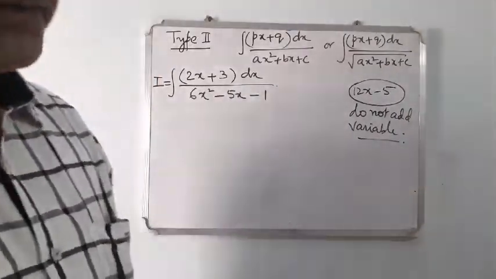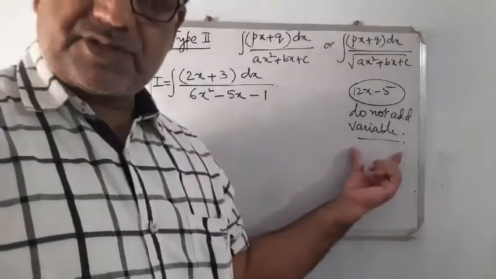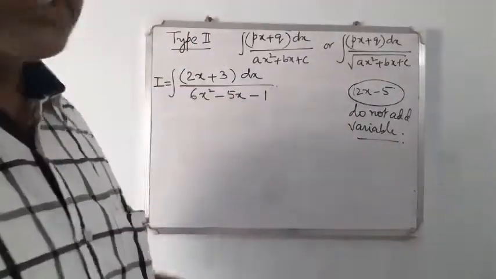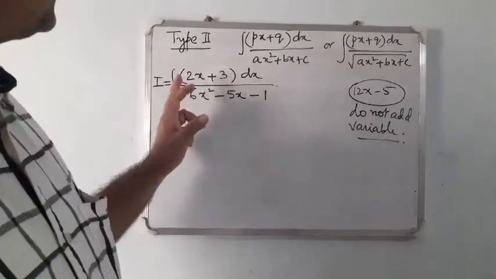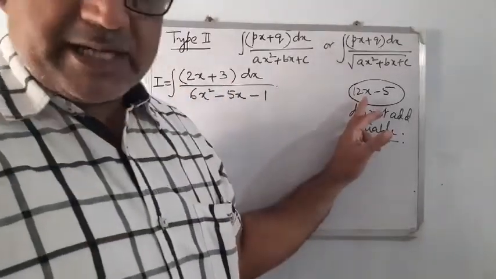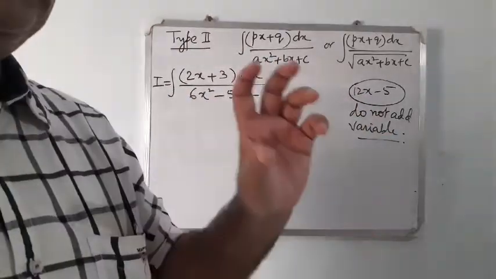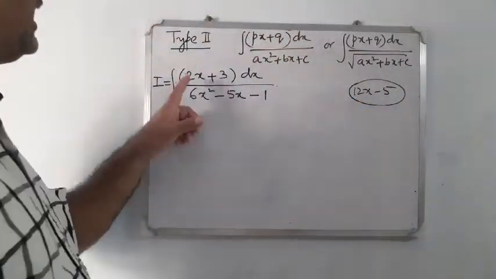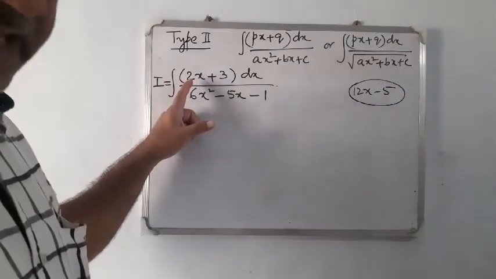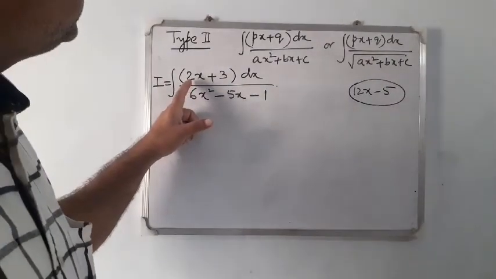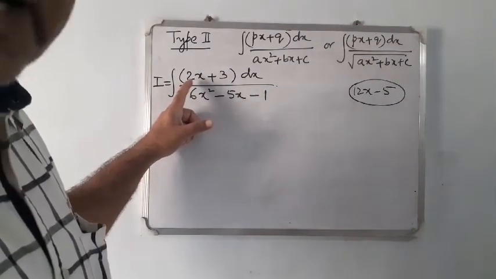You can add constant. So how to match it? To match it with 12x − 5, we will take the help of multiplication. If we multiply this 2 by 6, we will have 12x. So if you are going to multiply it, you have to divide it also.